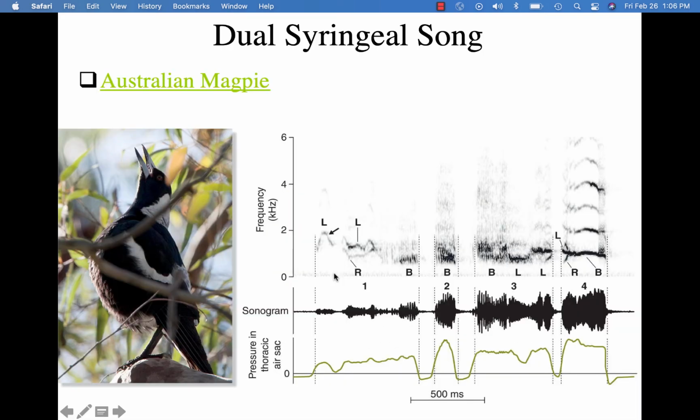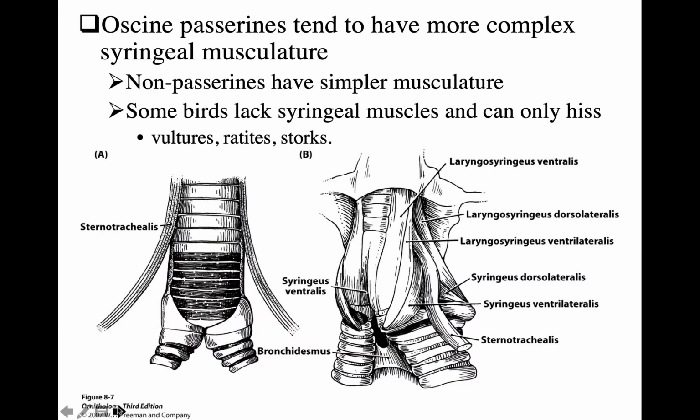So very impressive. So as I mentioned, the syringeal muscular complexity oftentimes correlates well with the vocal capabilities of birds. And if you look at the order Passeriformes, we can break it up into the suboscines and the oscines. All passerines are called perching birds, but only the oscine passerines are called the songbirds.